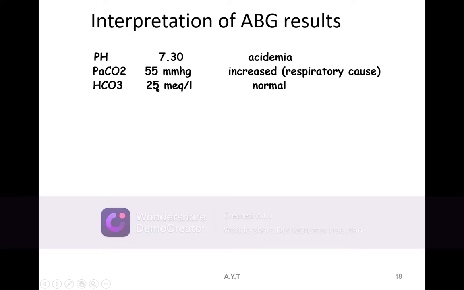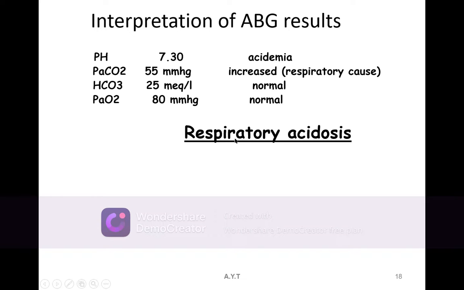If it is 25, it is normal. PO2 is 80 millimeters of mercury, where normal is 80 to 100, so it is normal. The patient is moving in the acidic phase. He has acidemia. That is called respiratory acidosis. Why? Because of the high content of carbon dioxide.